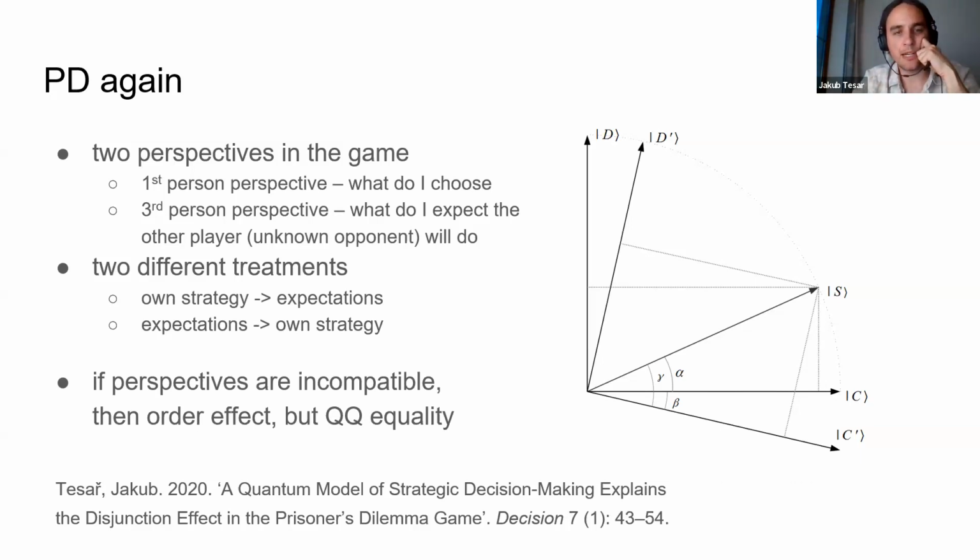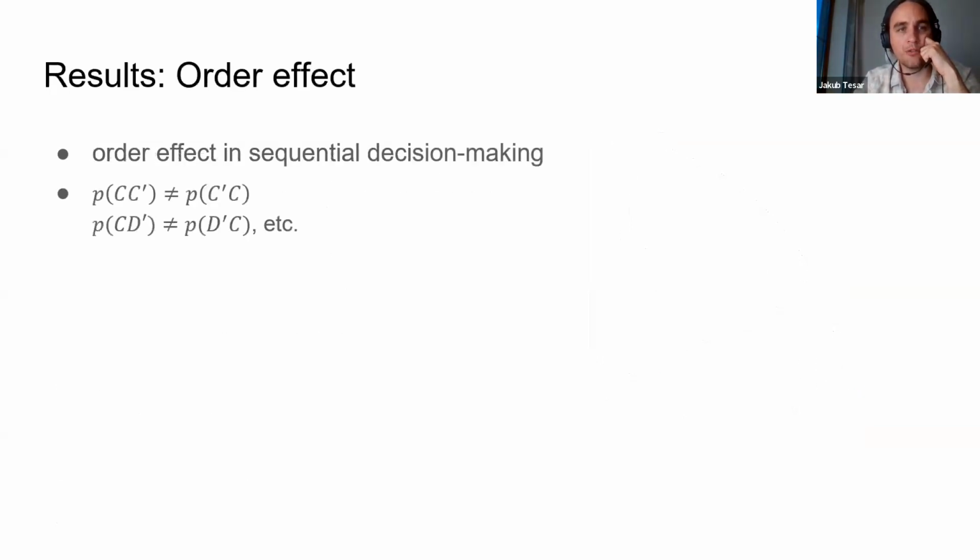If perspectives are incompatible, then we would see an order effect. But if we use this beautiful result of Joyce and Jerome Busemeyer and others, we would see that the QQ equality still applies. So I will just quickly review the results of this experiment.